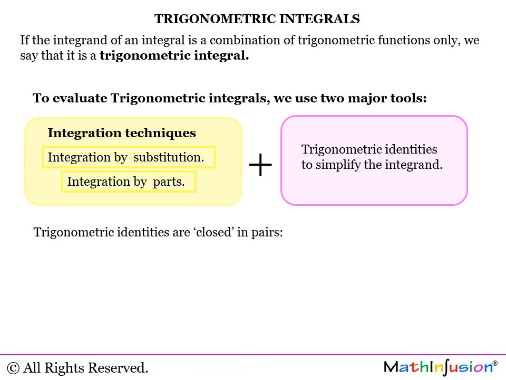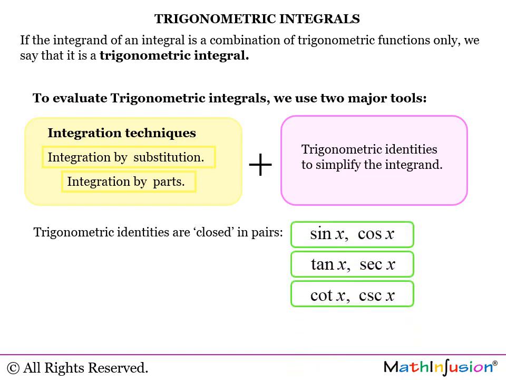Trigonometric identities are closed in pairs. By this I mean that if you look at the basic trigonometric Pythagorean identity, you will see that sine x and cosine x are one pair, tangent x and secant x another one, and cotangent x and cosecant x is another one.